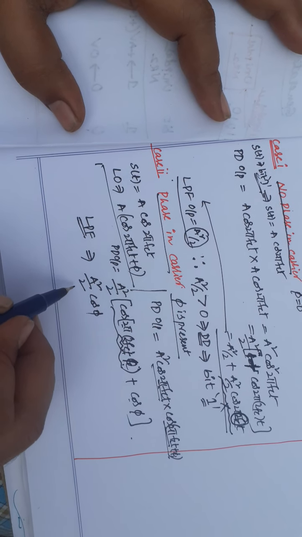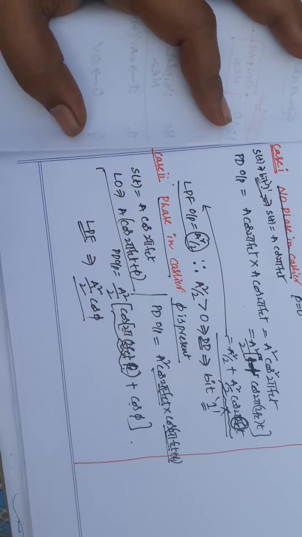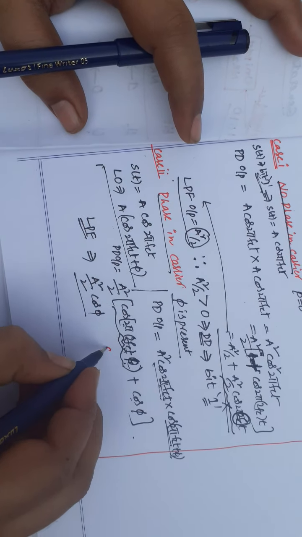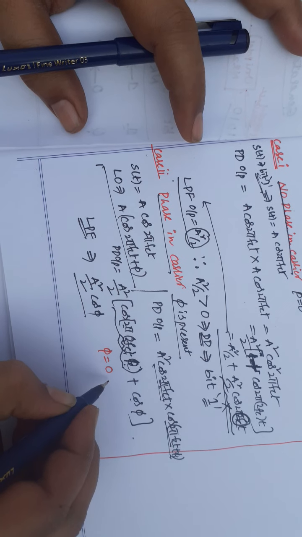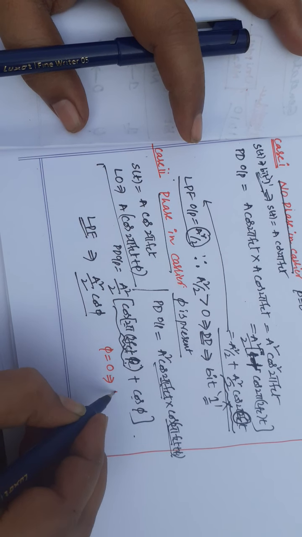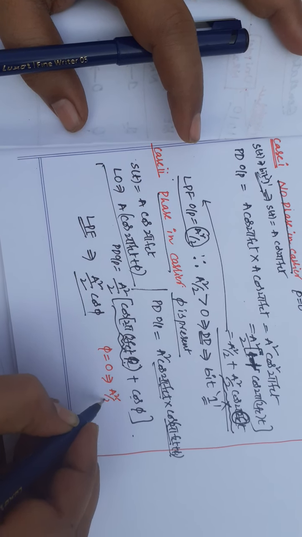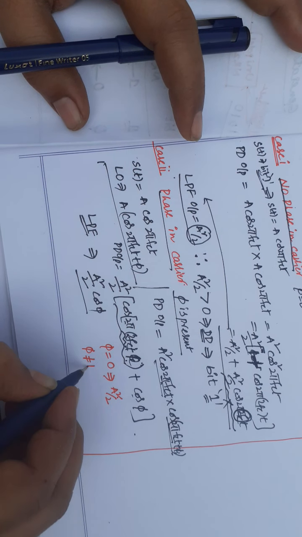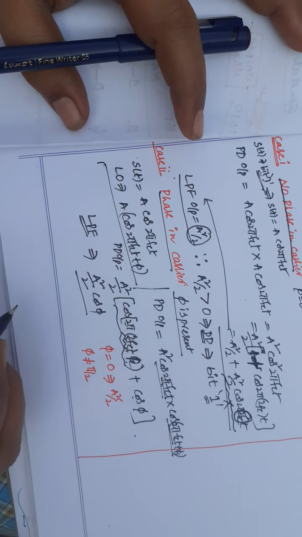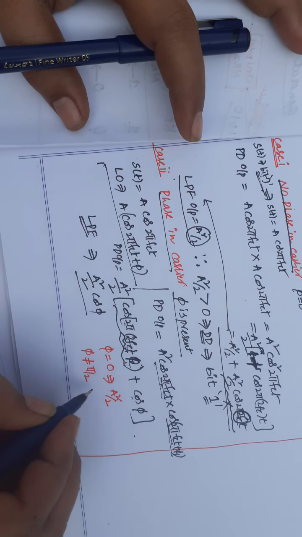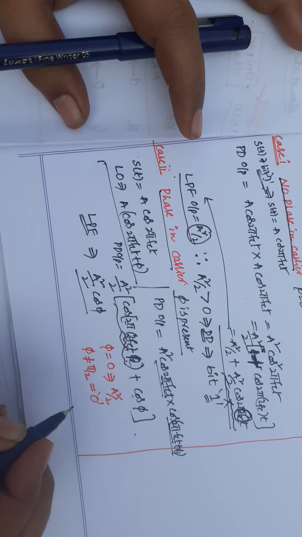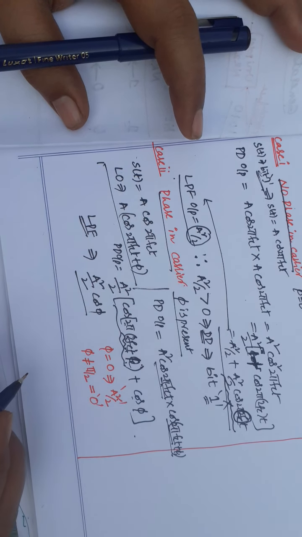In this case, if pi is equal to 0, the output of the low pass filter is A squared by 2. If pi is not equal to 0, for example pi by 2, that is 90 degrees, the output of the low pass filter is 0, right.